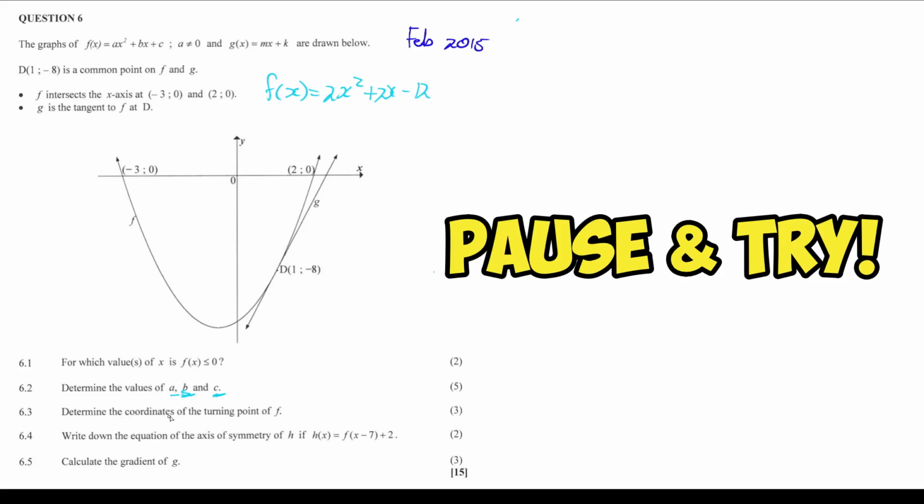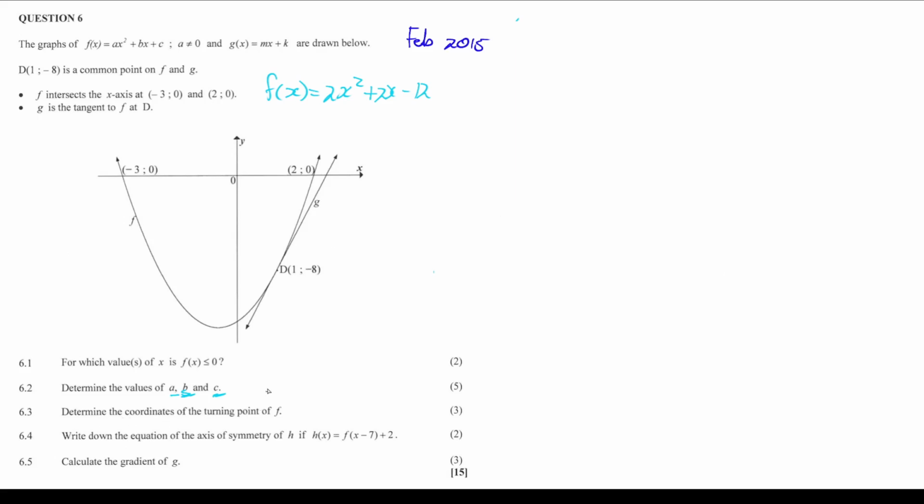Now, the coordinates of the turning point. To find the turning point, we can either use the turning point formula, but we don't have that right now. So what we'll have to do is just say x equals negative b over 2a. We have minus 2 over 2 times 2. That gives me negative a half.